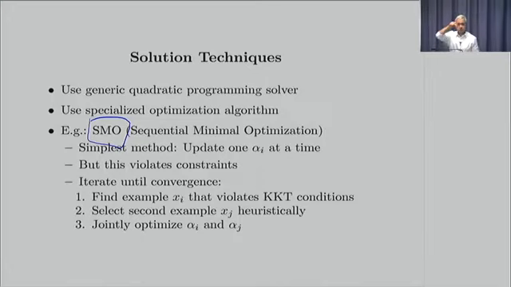So what SMO is doing is solving a series of these closed form problems over pairs of examples, where after each step I know that my objective function got better, but because of this trick of using one weight to compensate for the other, I know that I have stayed within the constraints. Okay. And again, there are many details here, and you can find the code in the textbooks, but this is the basic idea of SMO.